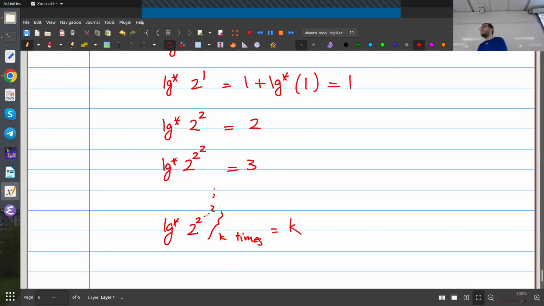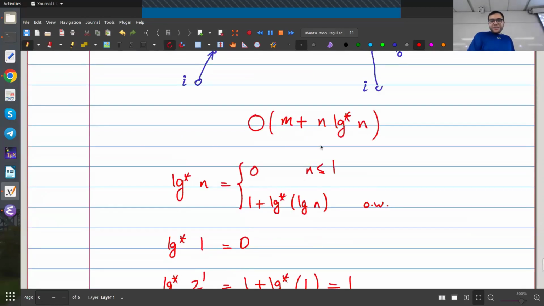So for any realistic number that you would ever find in a normal computer, the log star is at most 5 or 6, right? So for all practical purposes, this is like a linear time algorithm, but it's not a linear time algorithm theoretically, right? Because the limit as n tends to infinity of log star n is actually infinity.